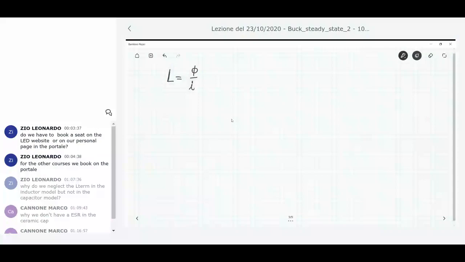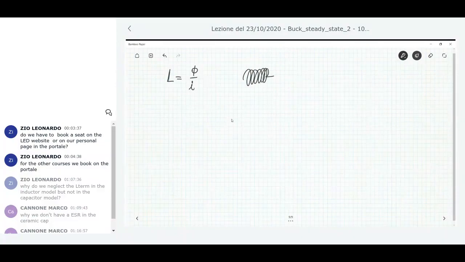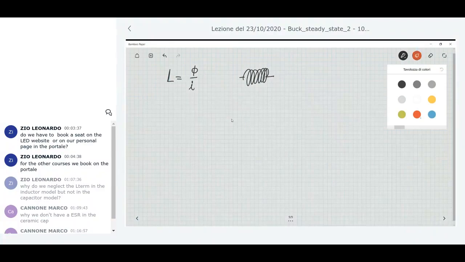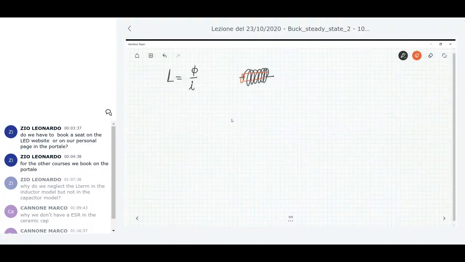Inductors are typically made by winding conductors around a ferromagnetic core. So we have a certain number of loops around a piece of ferromagnetic core, which has a ferromagnetic permeability, etc.